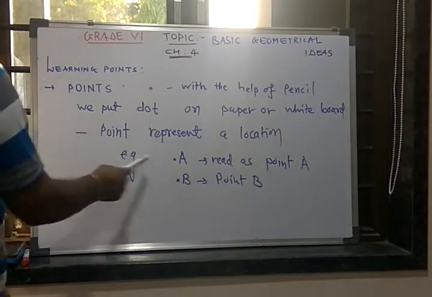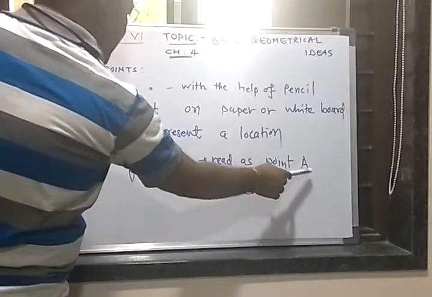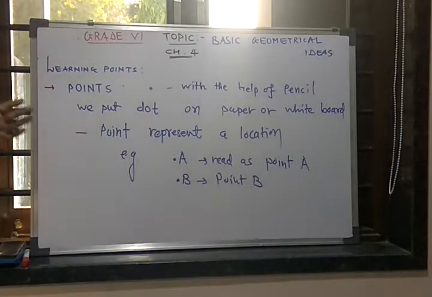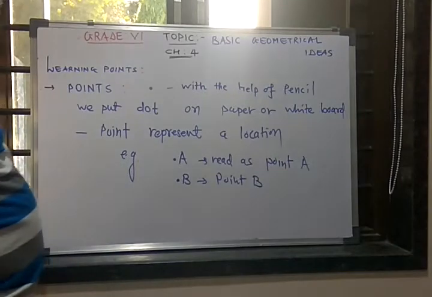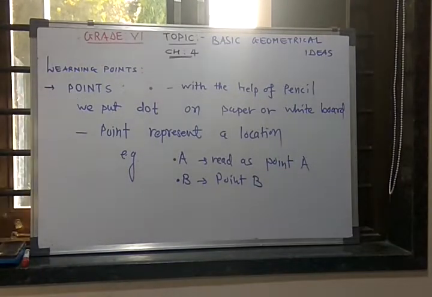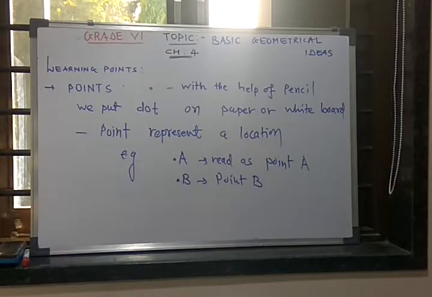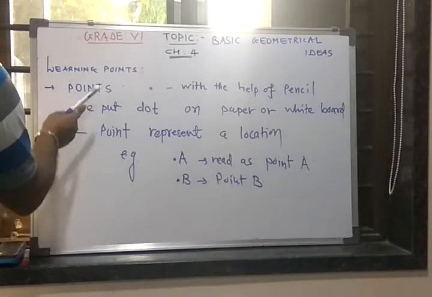Say for example, point A, which is read as point A, point B. Students, you can see such types of representations in geography when you do a map, or when you do a graph, when you draw a line chart or column chart, at that time you require these points.